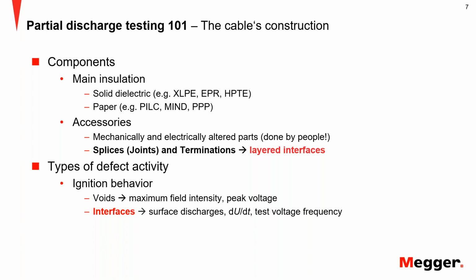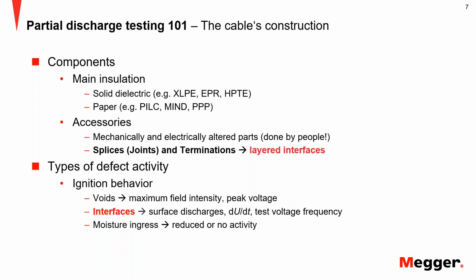So here, the important thing is the frequency of your test voltage, very important. If the frequency is too low, you don't have any surface discharges or very, very little, and then you won't be able to detect the weak spot, the defect.